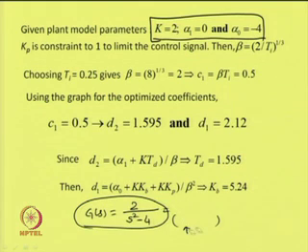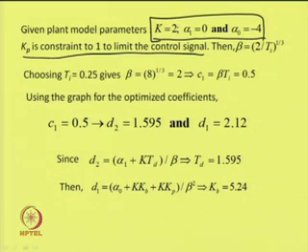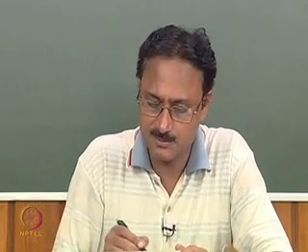Now, for this process to design the PI/PD controller, let us assume K_p to be 1 to limit the control signal. When the proportional controller magnitude is 1, the control signal will have less excursion. That is why we are assuming K_p to be 1.